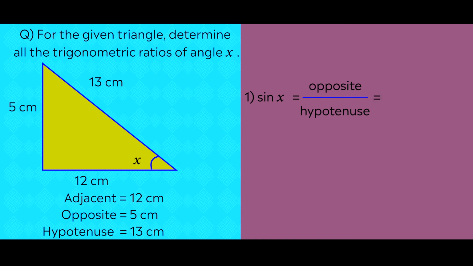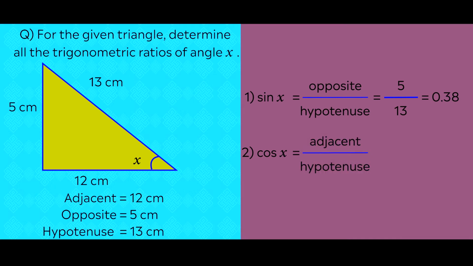Since the opposite side length is 5 and the hypotenuse is 13, 5 will be divided by 13, that equals 0.38.